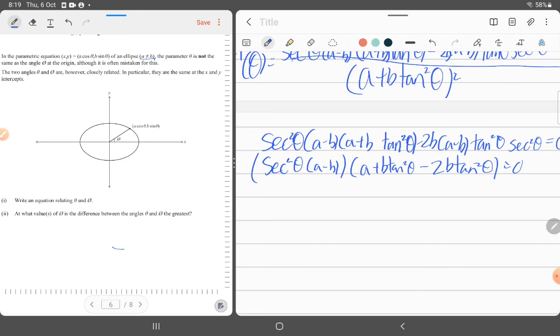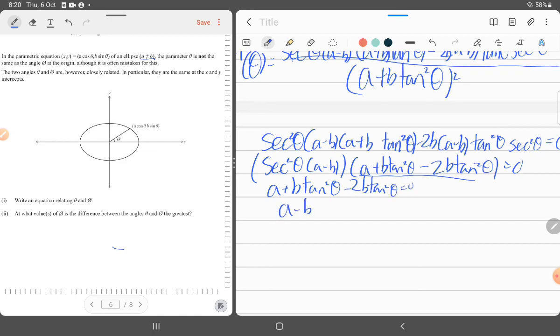Then if sec squared theta equals 0, sec squared theta is actually 1 over cosine squared theta, and that can never be 0. So the only possible way is for this to be 0. So a plus b tan squared theta minus 2b tan squared theta is equal to 0.